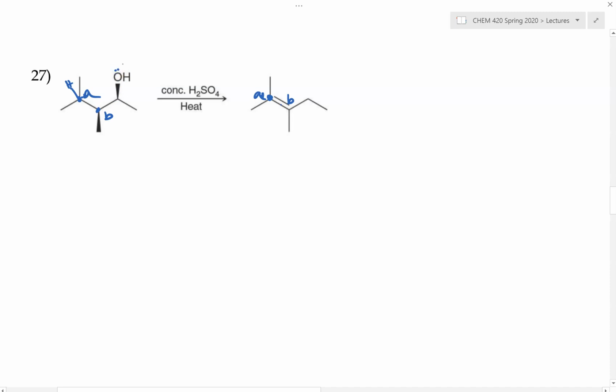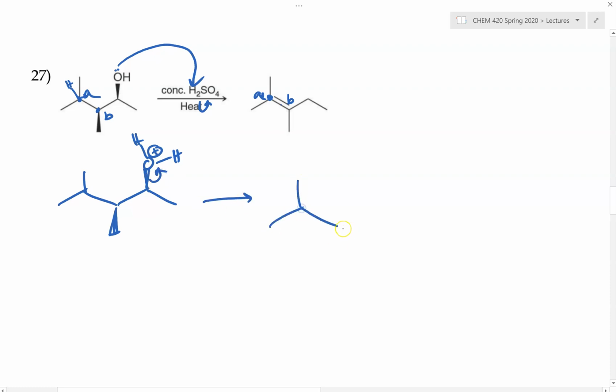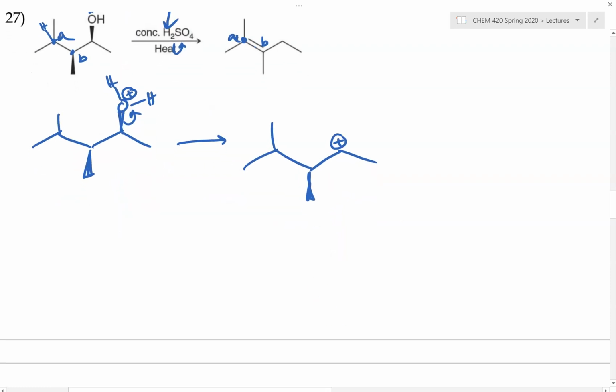So the first step would be the proton transfer. And now we need to keep the stereochemistry the same because nothing has happened to it yet. And once this is protonated, it can leave as water. Notice how carbon B, its stereocenter, has still not been affected.